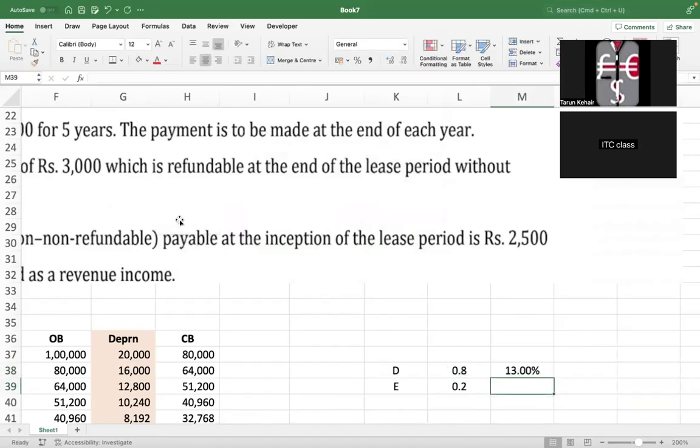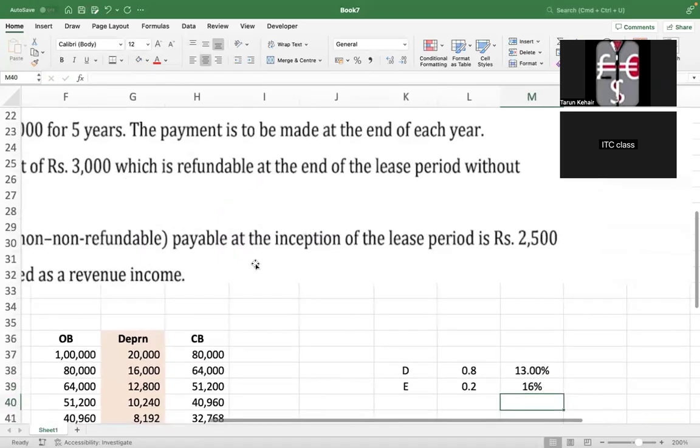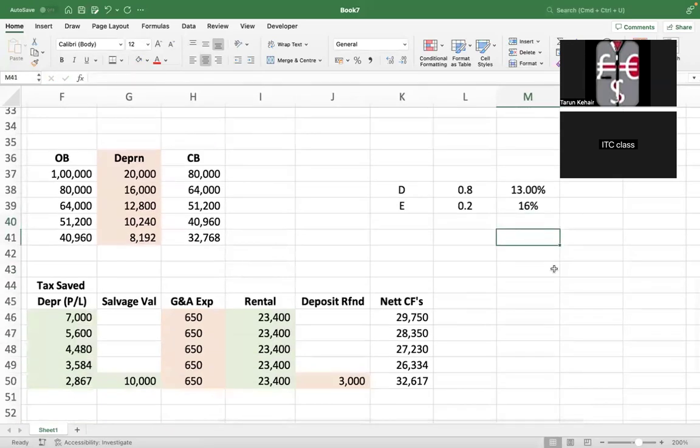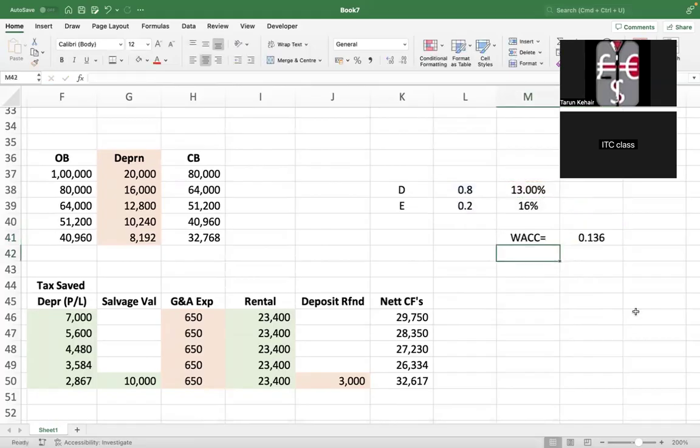Correct. And cost of equity क्या है? दिया हुआ है 16%. So you can find out your weighted average cost of capital, which will be 0.8 into 13% plus 0.2 into 16%, which becomes 13.6%.